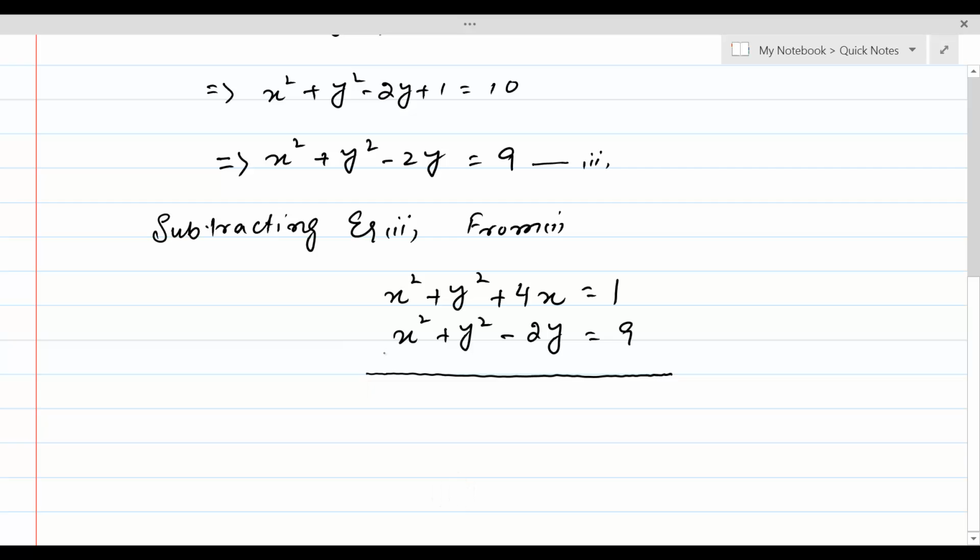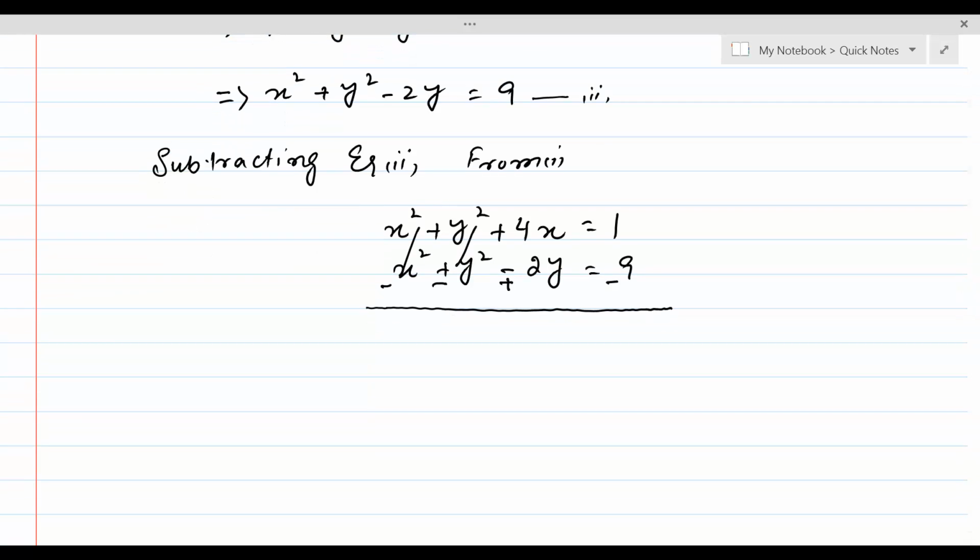This will become minus, this will become minus, this will become plus, and this will become minus. Now you can see x square cancels with x square, y square cancels with y square, and 4x plus 2y will be written as such because they cannot be added, they are unlike terms. X can never be added to y. So 4x plus 2y is equal to minus 8.